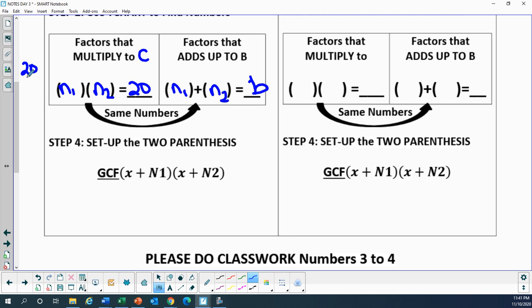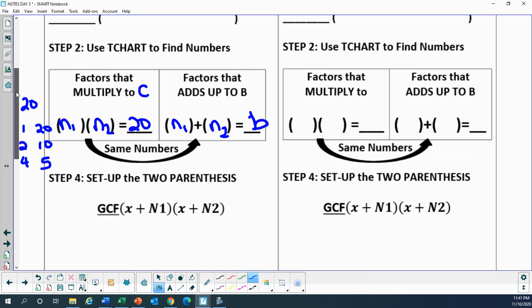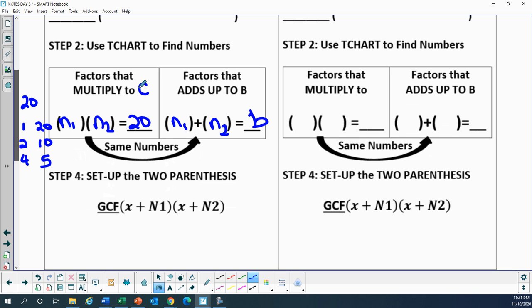So I'm going to write the factors of 20: 1 times 20, 2 times 10, 3 doesn't factor, 4 times 5, and that's it. Then out of these, which two can I add to get B? In this case, B is 9.